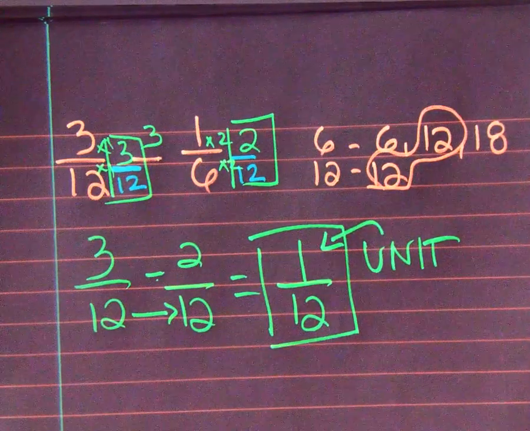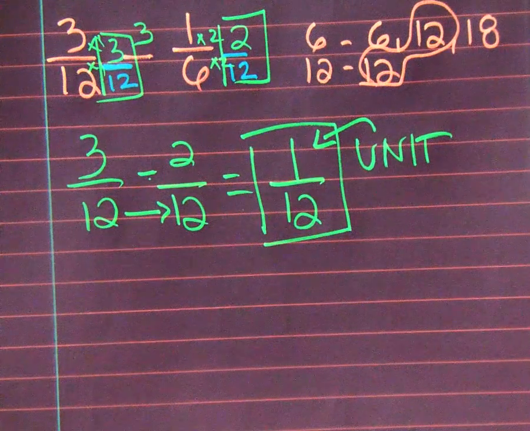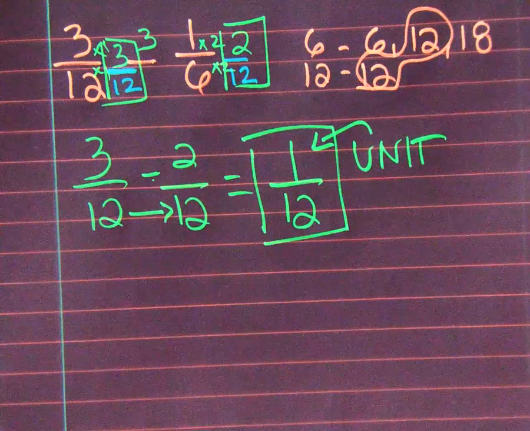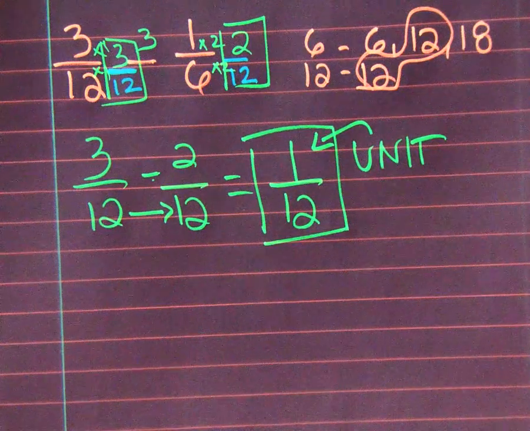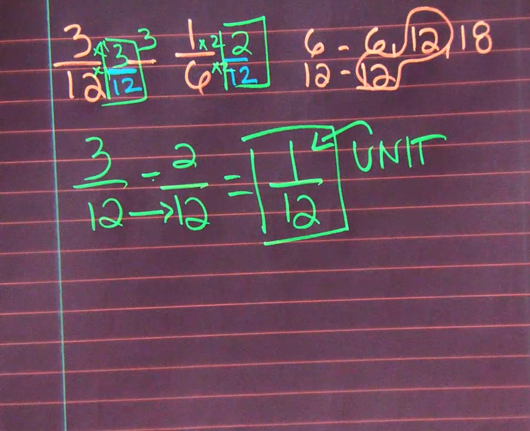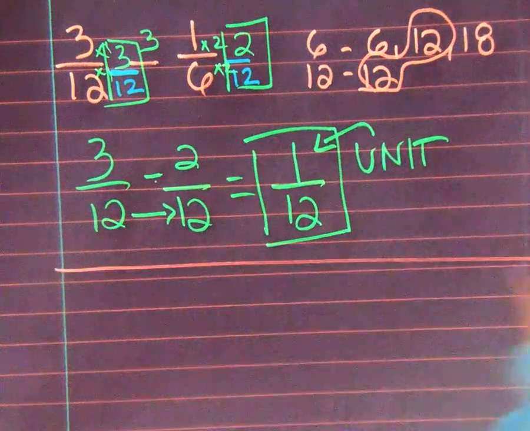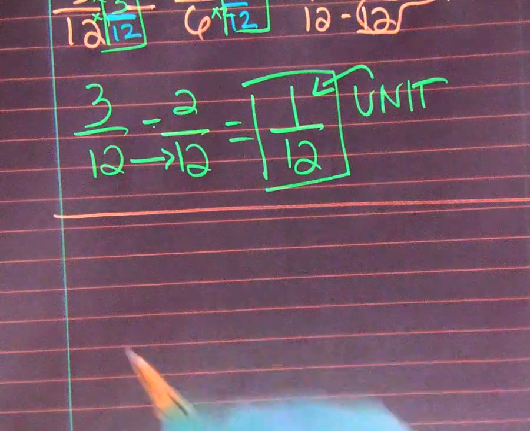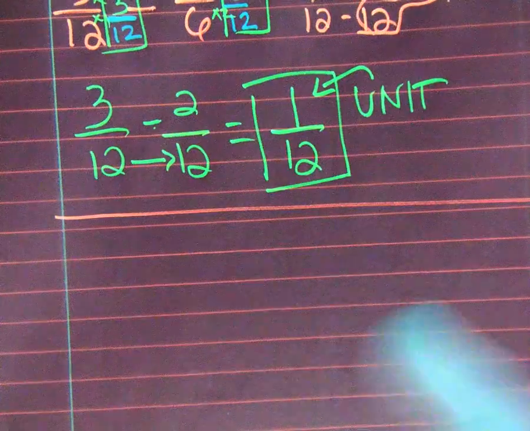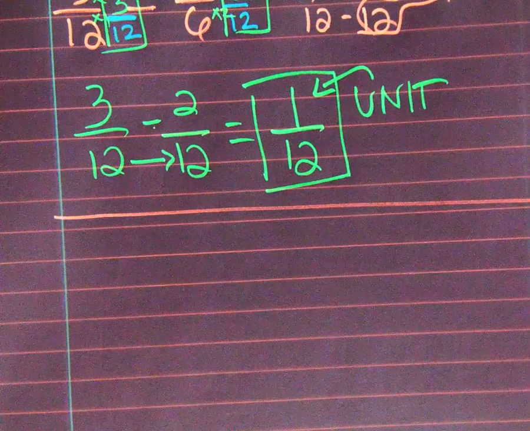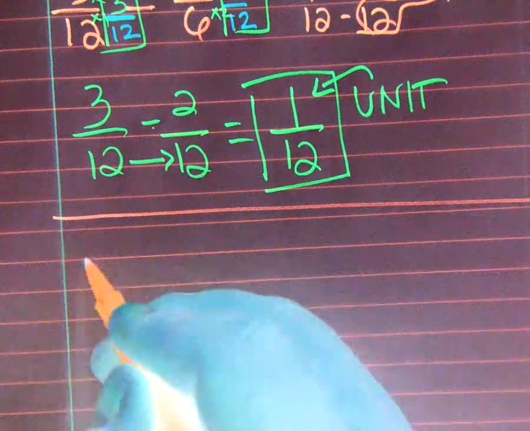I'll throw a challenge one in here for those of you who want to try it. It might involve regrouping, which is changing an improper fraction. We just kind of touched on it. We're not going to go into that skill until next week, but some of you kind of caught on that one time we did it, so here's a challenge for those of you who want to do it. Actually, I'll give you 2 problems. One challenge one and one that you could probably do on your own.